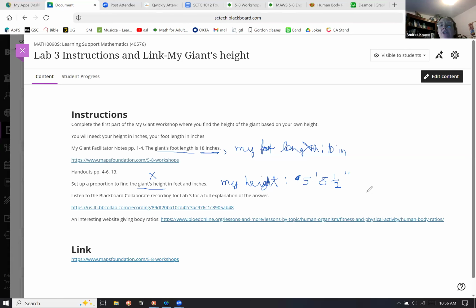Okay, so how would you set up a proportion with this information? The giant's foot length is 18 inches. My foot length is 10 inches. Giant's height is X. My height, 5'8.5". Tell me what proportion you might set up.